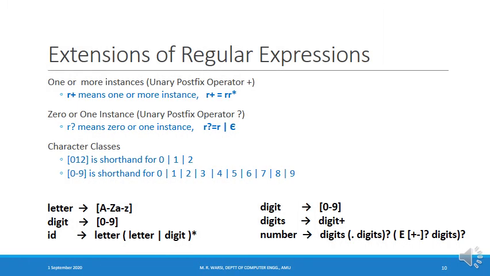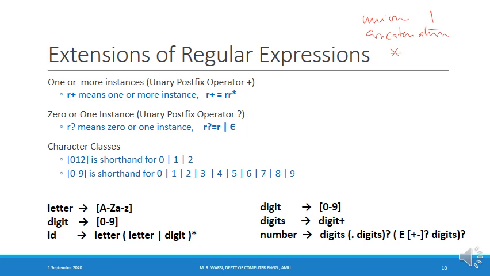Which operators do we use in writing the regular expression? I use the union operator, I use the concatenation operator, I write one regular expression followed by another and they get concatenated. I use the star operator, which is the closure operator.